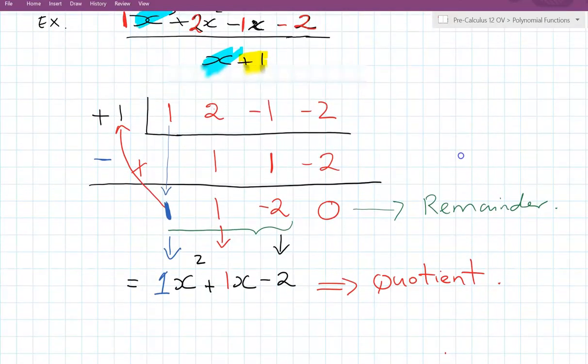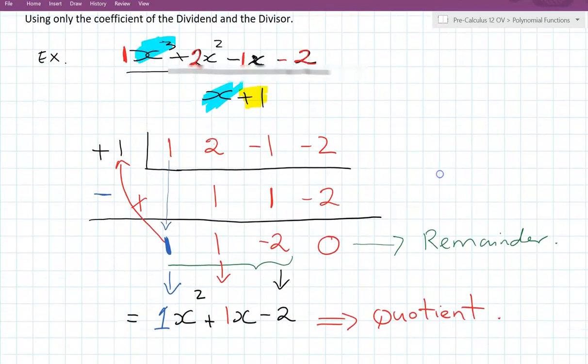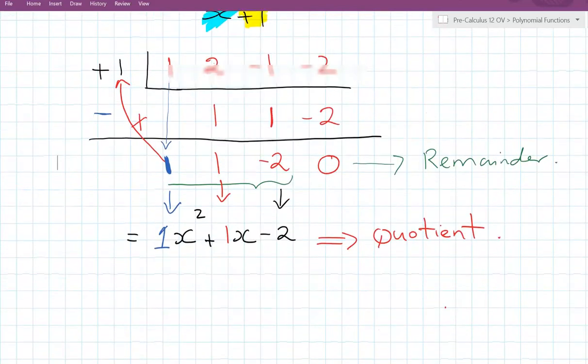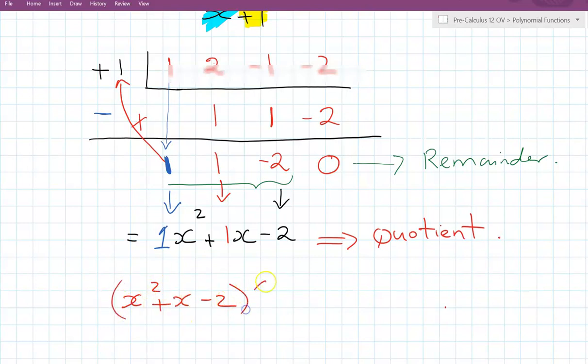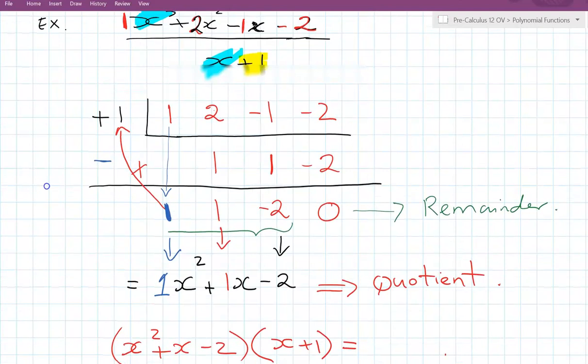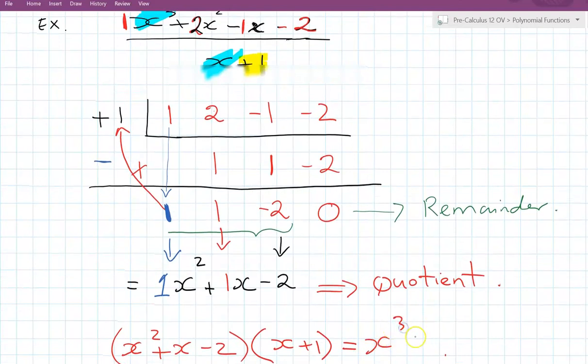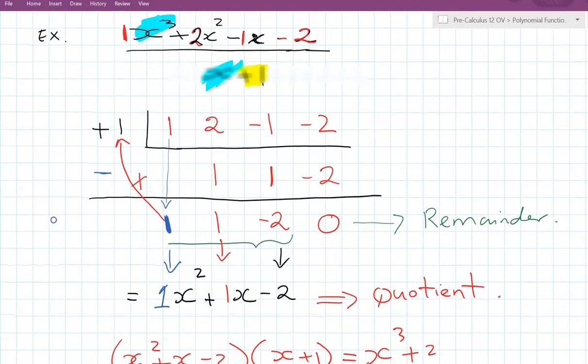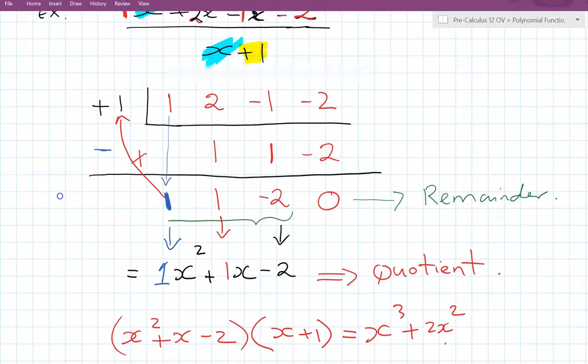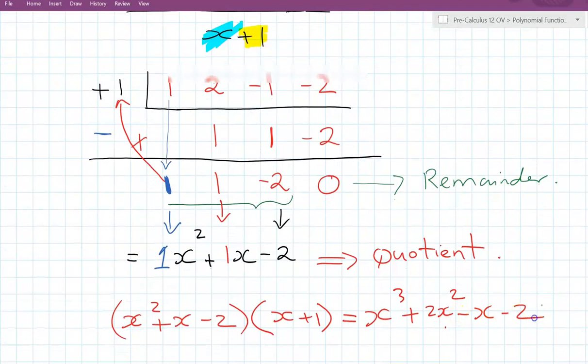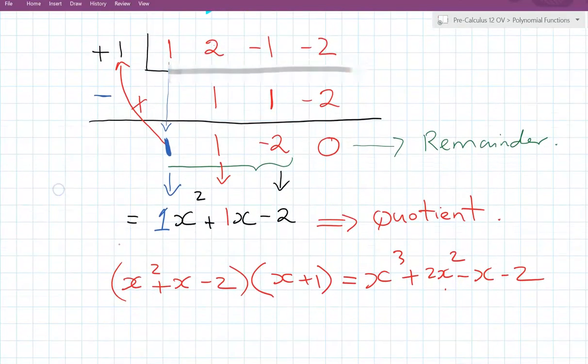All right, so the division statement will be x squared plus x minus 2 times x plus 1 equals the original dividend, which is x cubed plus 2x squared minus x minus 2.